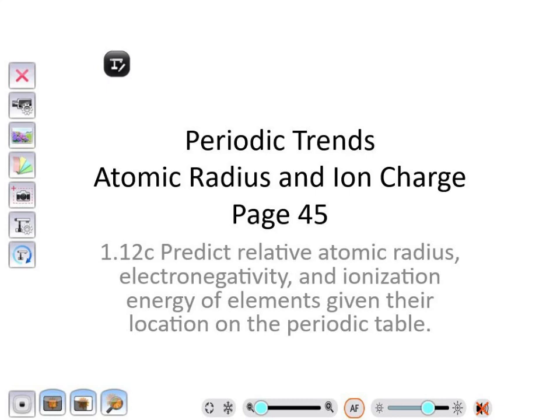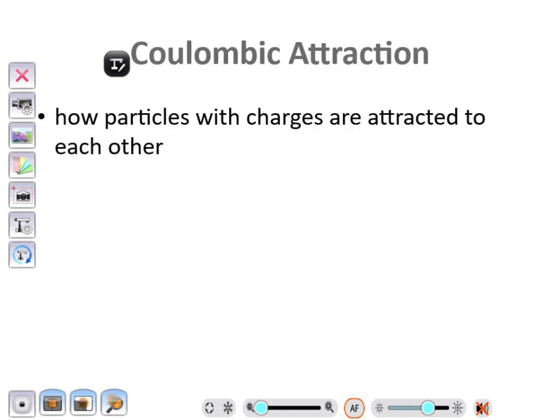The first thing we need to talk about here on periodic trends is what's called Coulombic attraction. Okay? What do you know about the word attraction? Right, so when things come together or go towards something.